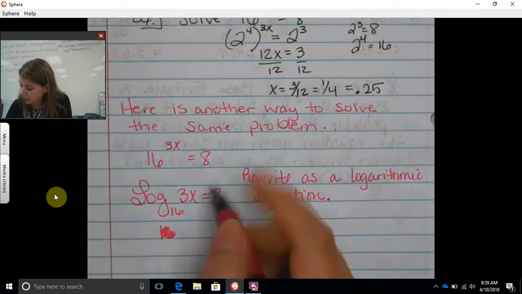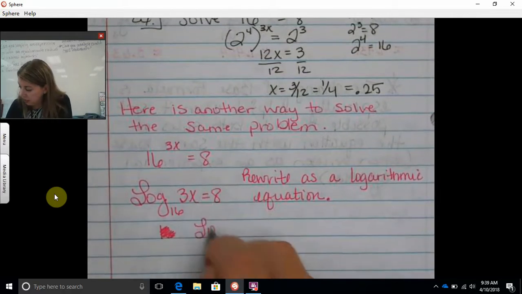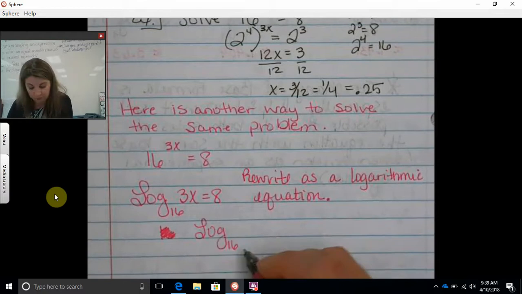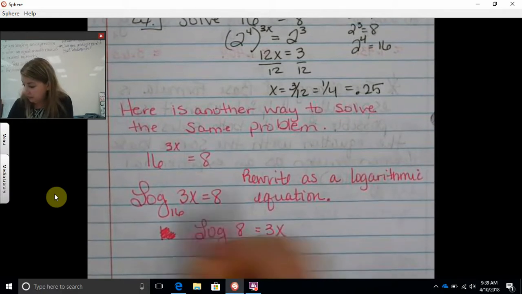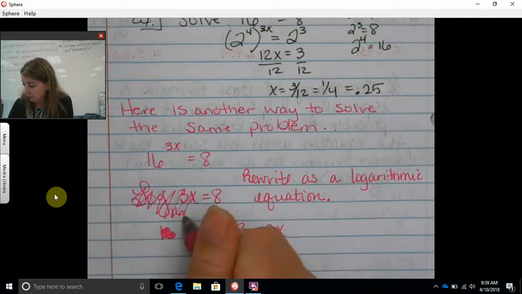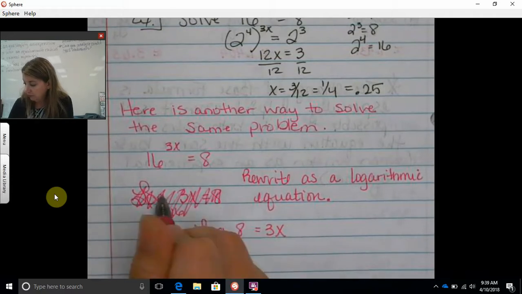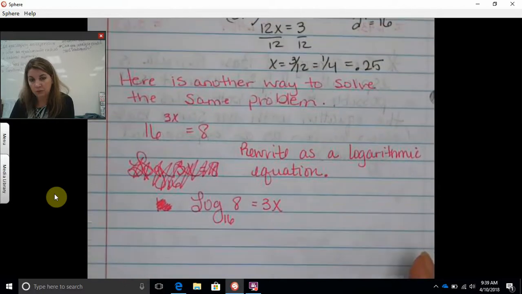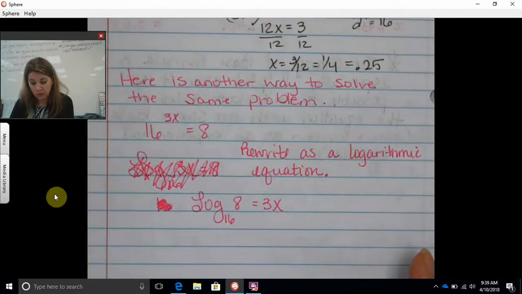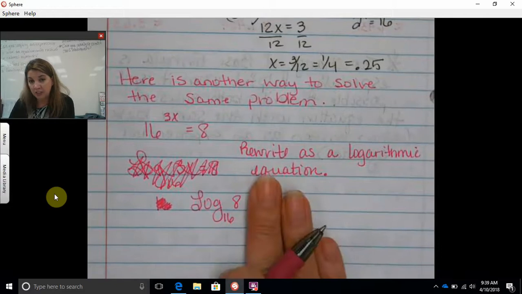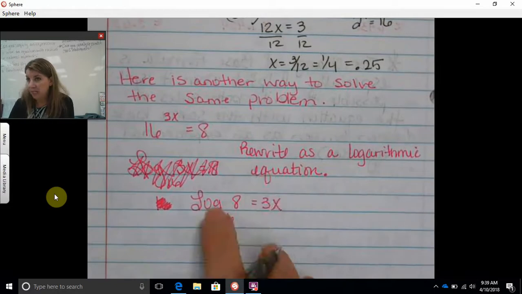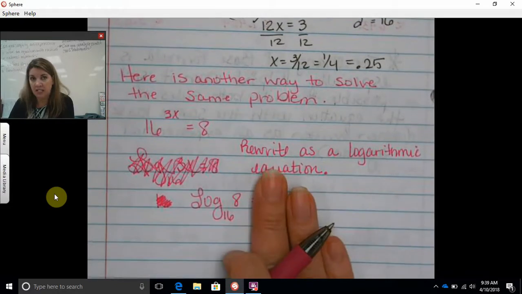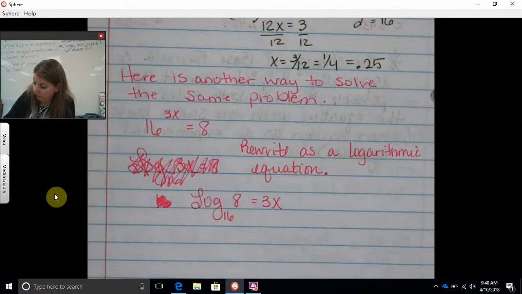So I'm sorry, I made a total mistake. Should have been log base 16 of 8 equals 3x. So I'm going to use my calculator to do the change of base formula on log base 16 of 8, okay?